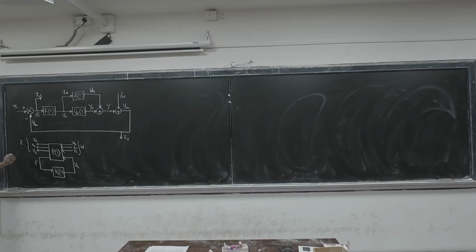This will be the 4-block structure, right? So now accordingly we have to find out P11, P12, P21, P22. For that, what is required?